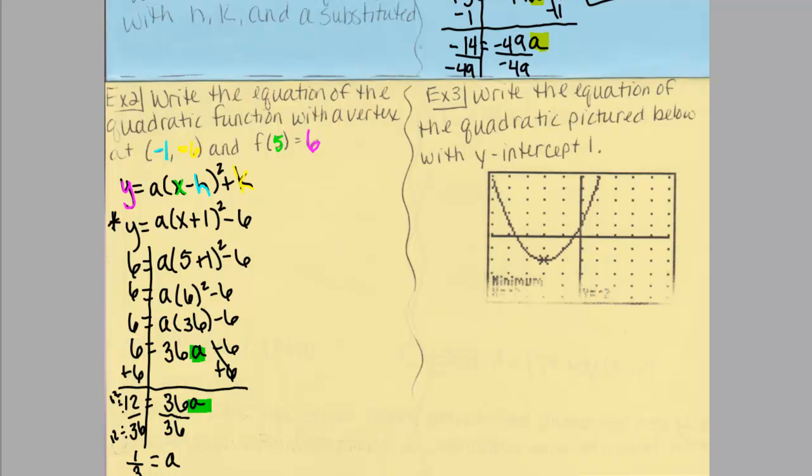So a is really 1/3. So we will take our 1/3 and replace it with our a. And this will come up here. y is equal to, instead of a, 1/3. Then just copy everything else: (x + 1)² - 6.